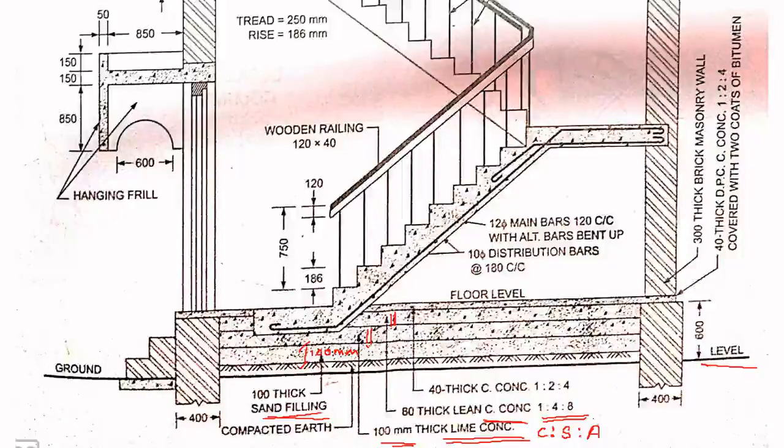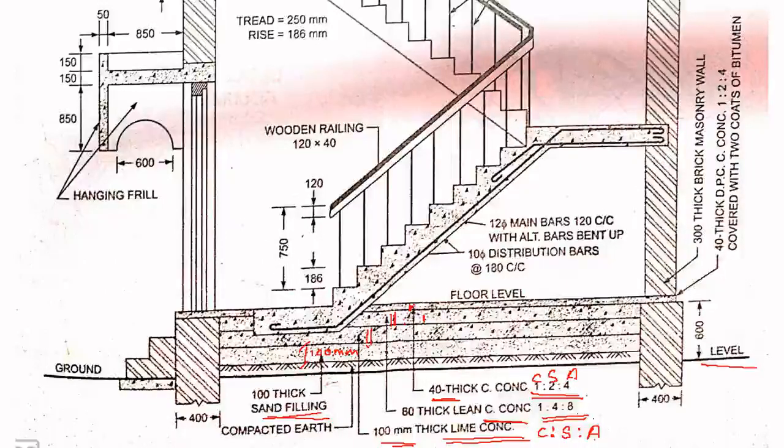And above that you have 40 mm thick concrete of 1:2:4. That means 1 cement, 2 sand and 4 aggregate, or jalli. You call it jalli, aggregate. So this is 40 mm thick concrete, and this is lean concrete.